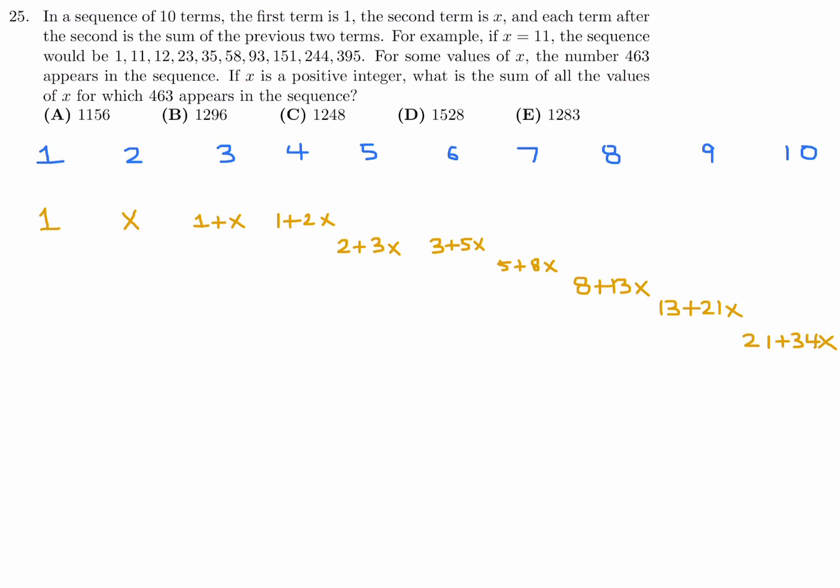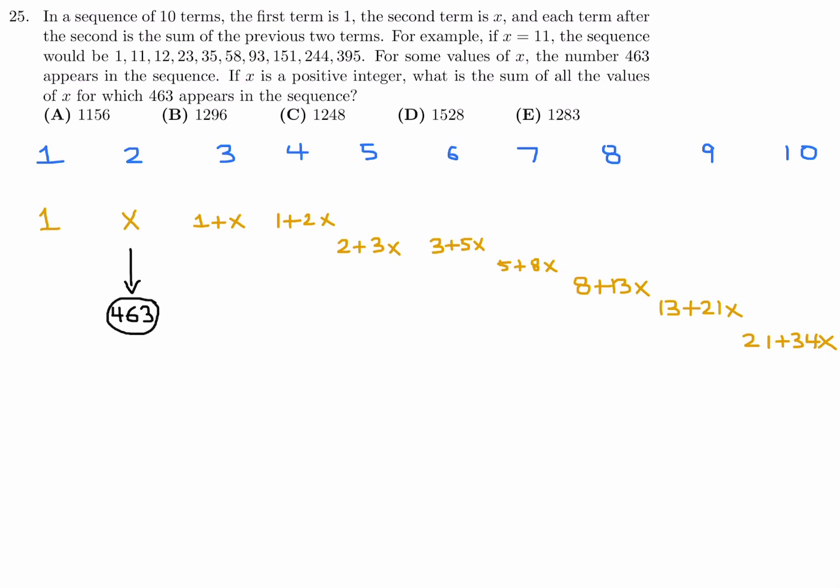Now, we want 463 to appear. How do we do that? Well, for the first one, obviously, it's set as 1, so that can never be 463. But if this one was set as 463, then that means that 463 has appeared somewhere. Okay, so that's one possible value for x.